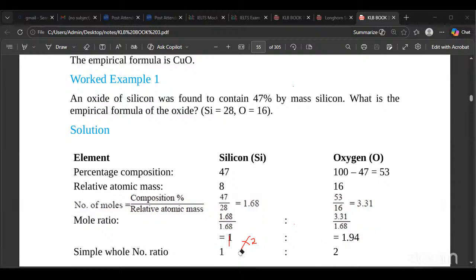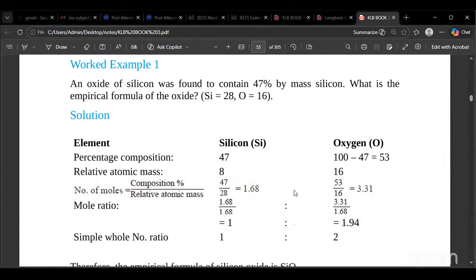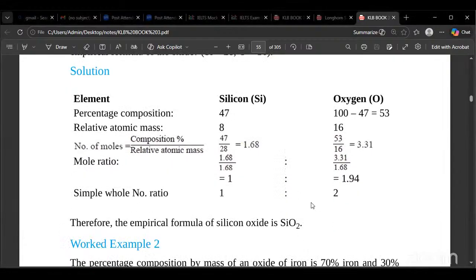So you will have one silicon, and actually when you go to the periodic table and you check, you'll find that silicon is in group 4. So you will find that the empirical formula now is Si.